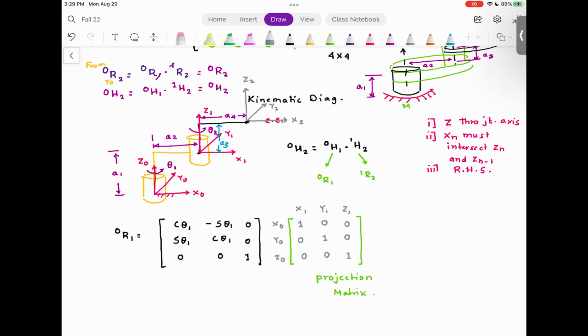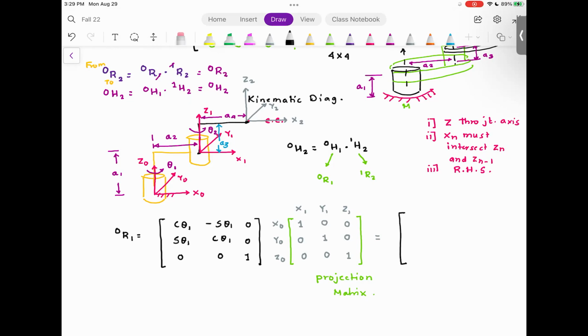So this is the alignment or projection matrix, which means my final 0R1 is going to be the product of the rotation matrix multiplied by the projection or alignment matrix.